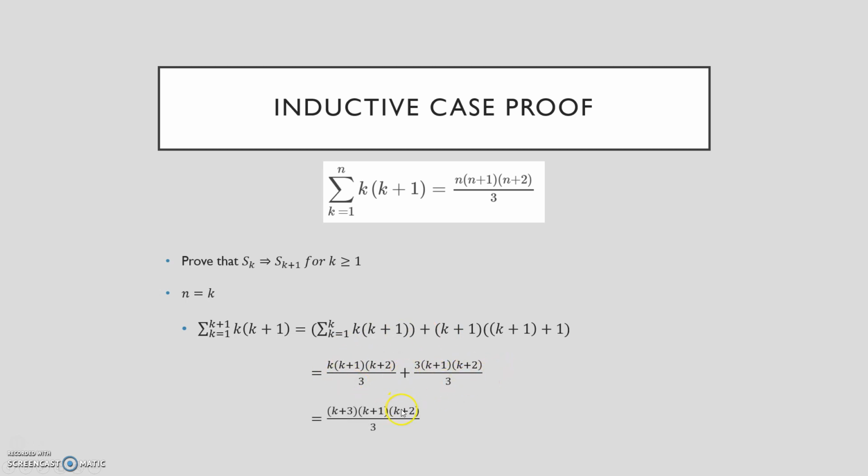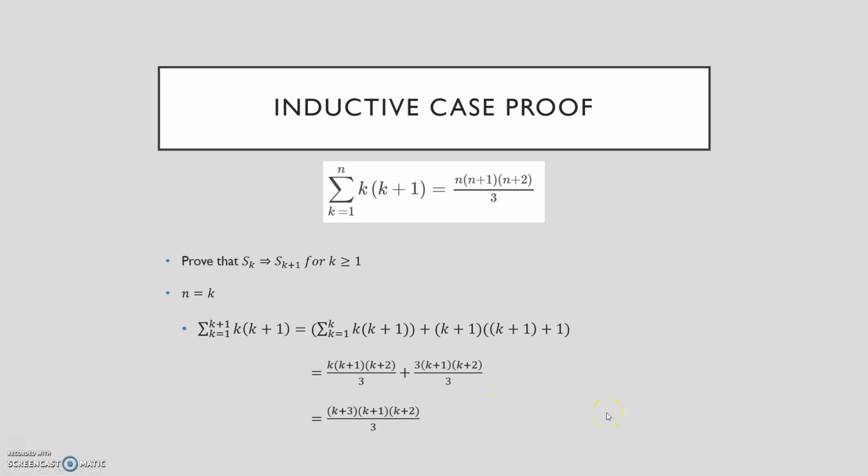And that is equal to this, k plus 3, k plus 1, k plus 2 over 3. Because these two terms, k plus 1, k plus 2, are similar, you just add like terms, k plus 3, which is right here, divided by 3. And this right-hand side is equal to the left-hand side, and this concludes our proof through induction.